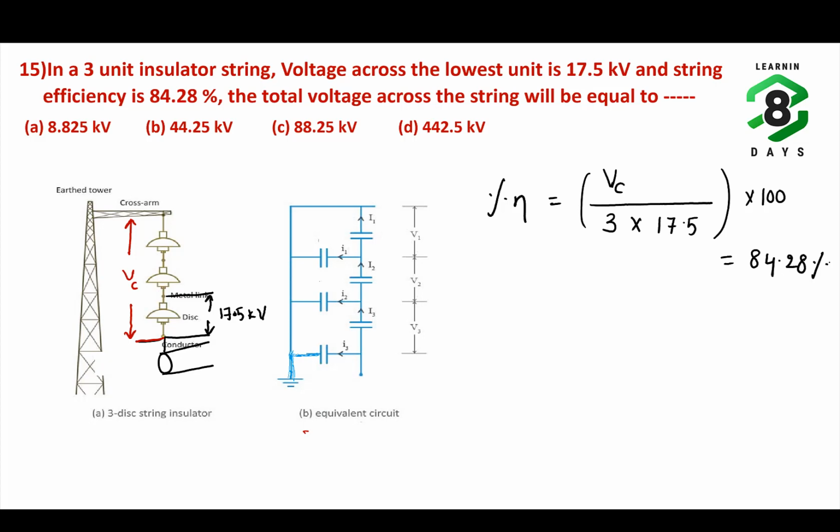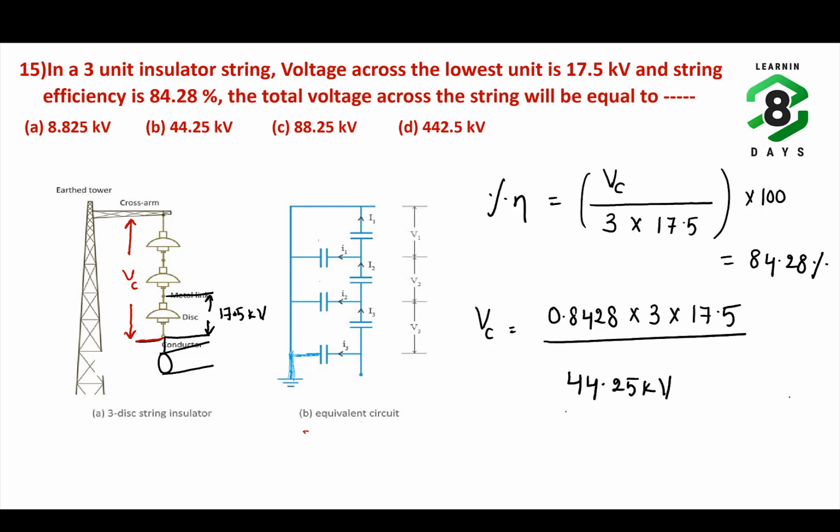VC will become 0.8428 into 3 into 17.5, whose value boils down to 44.25 kV. So option B is the right option.